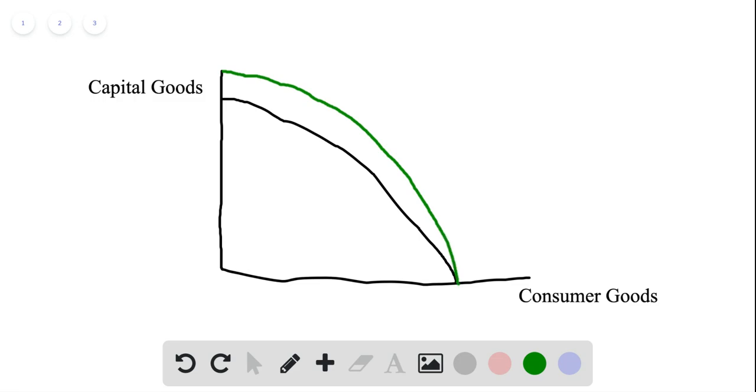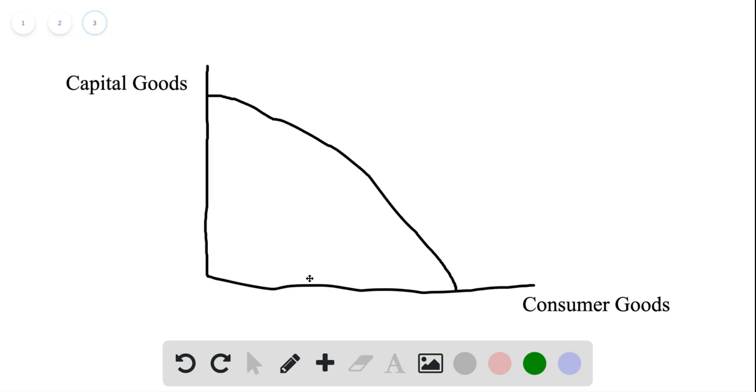And so you'll have a graph like this, right? So if there's a technological advance for capital goods, this is what would happen to the PPF. It would shift out, but in favor of capital goods.